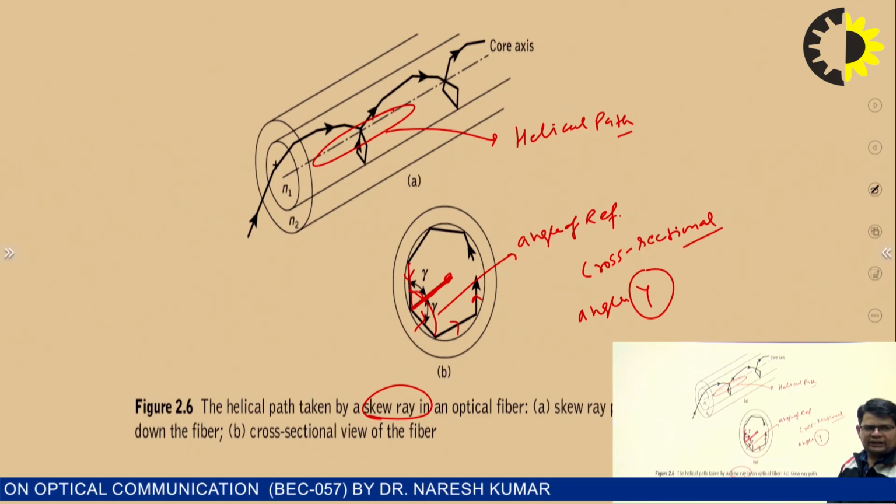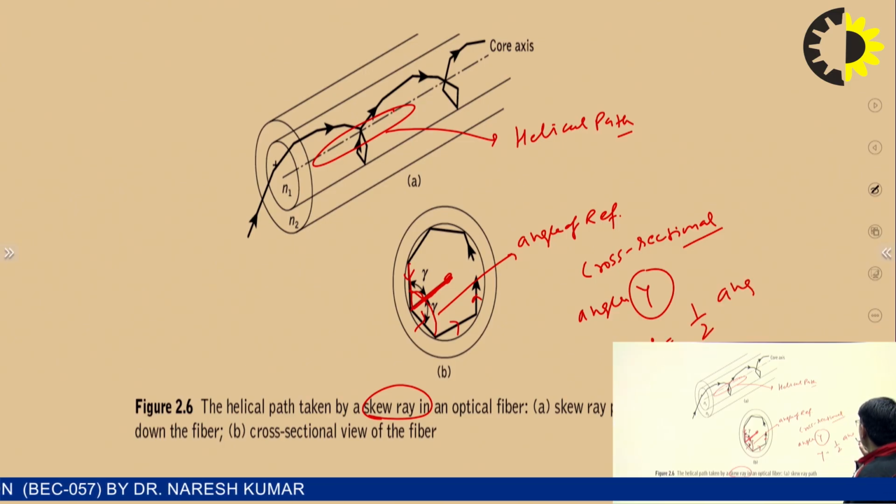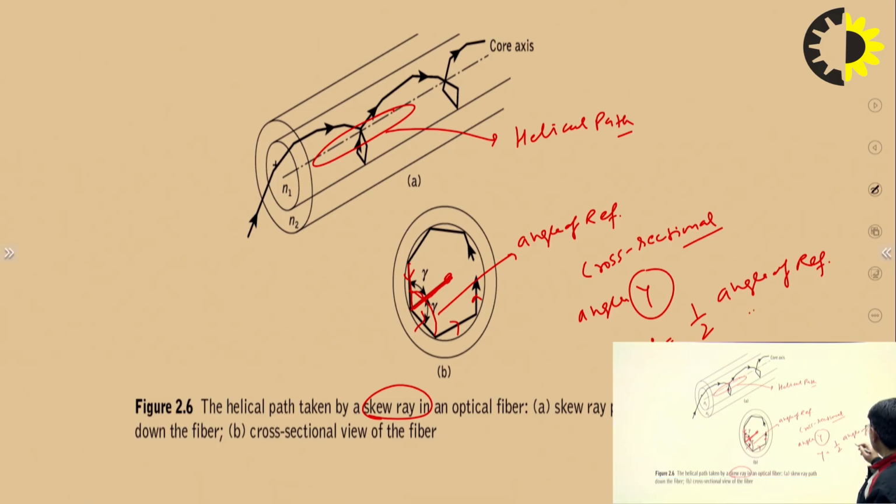So from this diagram we can see that this angle gamma is nothing but half of the angle of reflection. So if we are given the angle of reflection, we can calculate this angle gamma, and anything and everything can be represented for the skew ray in terms of this parameter gamma.